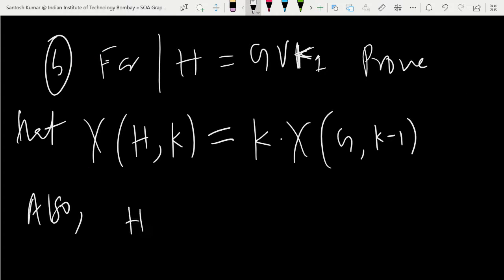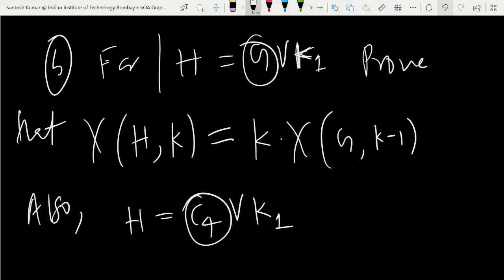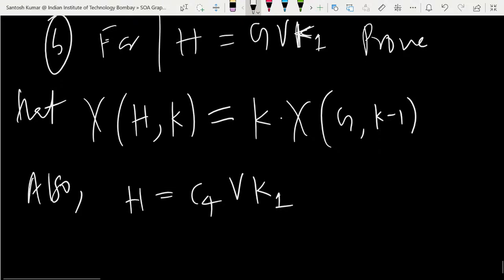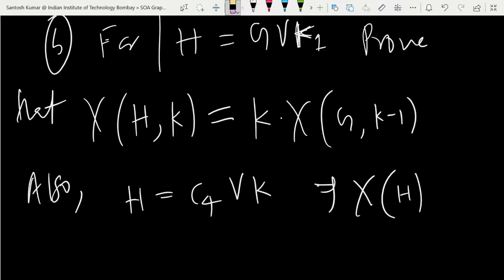If you consider H as C4 join K1, then G is replaced by C4. Then they want you to find the chromatic polynomial for this H in terms of k.